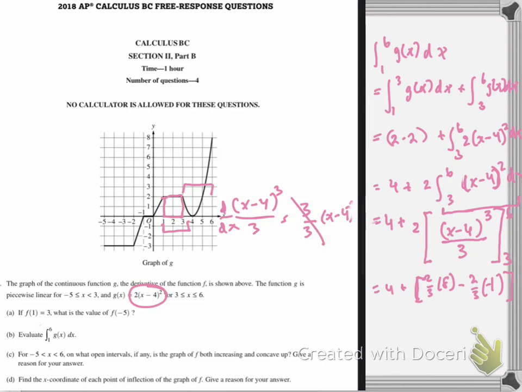That gets us to 4 plus 16/3 plus 2/3. Adding that up, we get 18/3, which is just 6. So we end up with 4 plus 6 equals 10. So the integral from 1 to 6 of g of x dx is going to equal 10, and that's your answer for part B.